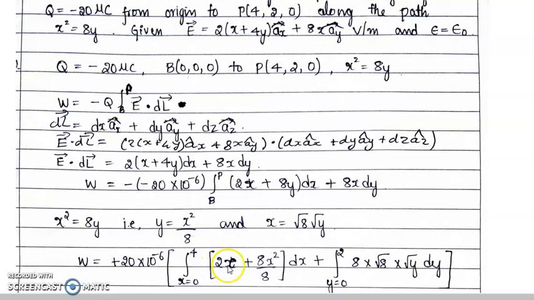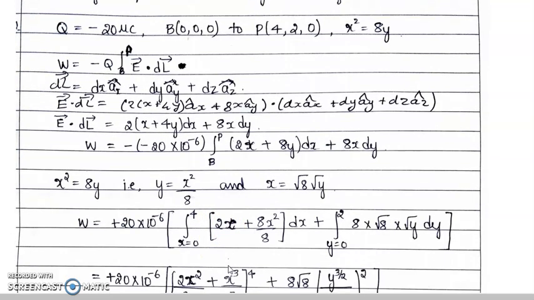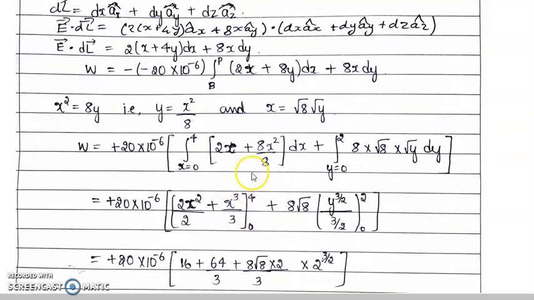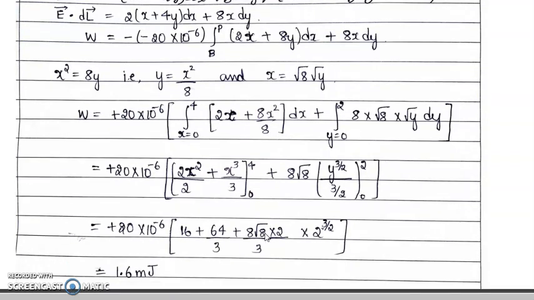This equation will be 2x plus 8 by 8 into x square into dx, and in the place of x I will substitute root 8 into root y. Then I will integrate that, and I will get the equation as 20 into 10 to the power minus 6 into (16 plus 64 by 3 plus 8 into root 8 into 2 by 3 into 2 to the power 3 by 2).